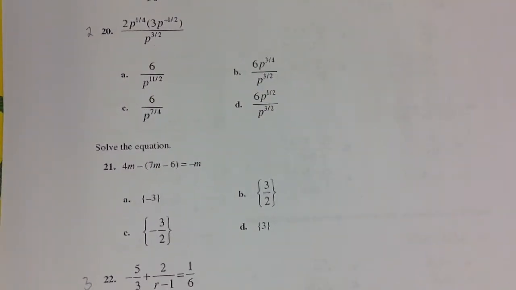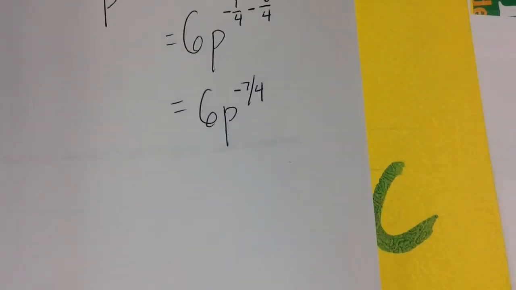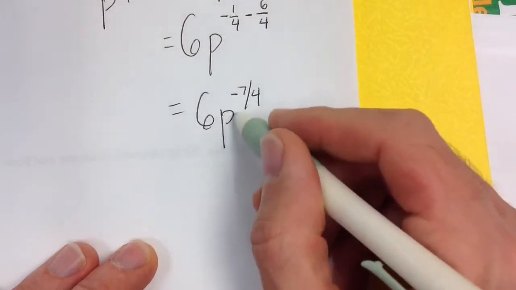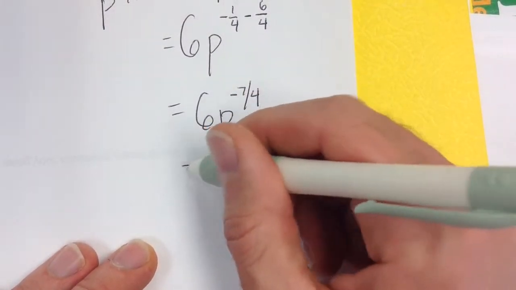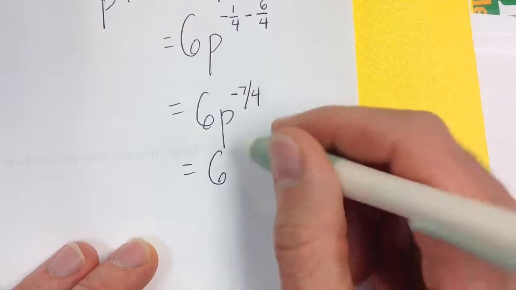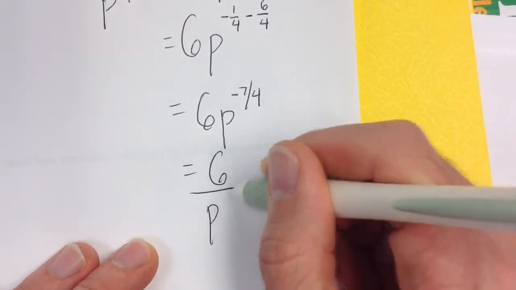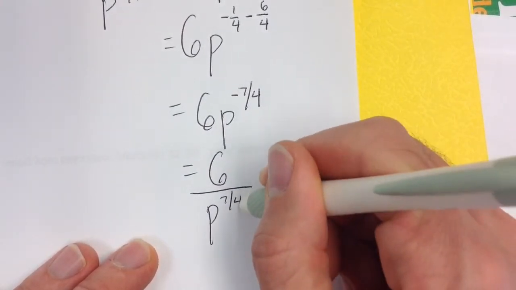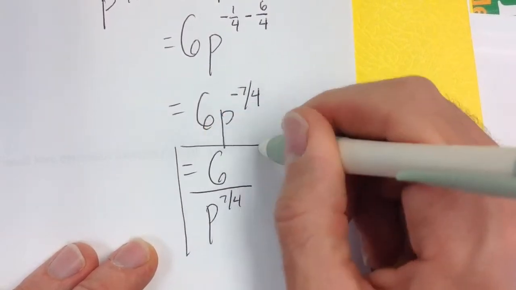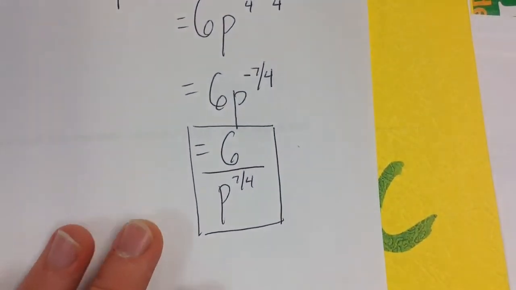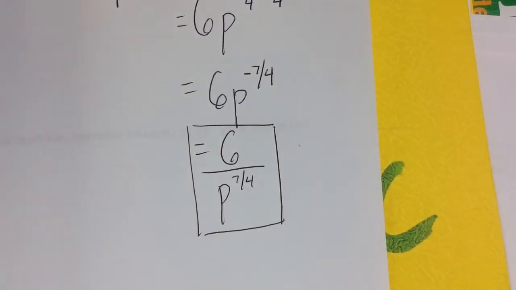Take a look at the answers. Looks like C. So you can take away the negative by putting the base in the denominator. You don't mess with the 6. And then you strip the negative off of the exponent. Okay? That was a tough one. Any questions on 20?